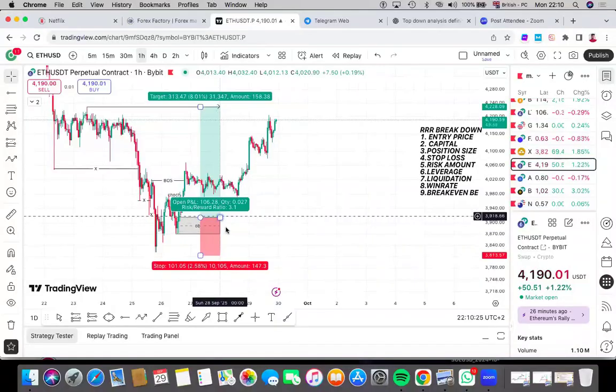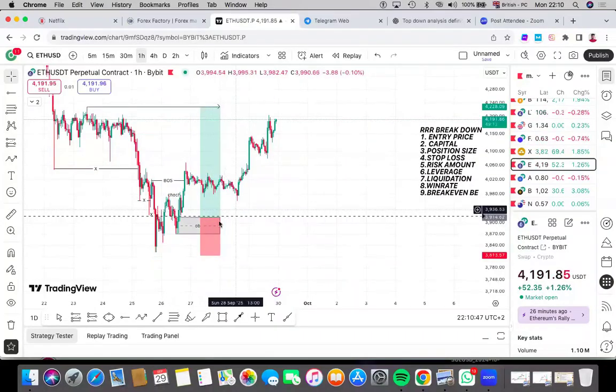So why do I say 1:3? Technical breakdown: if I click on the green side here, where I have my mouse, you can see what is written here, our risk to reward ratio, which is 3.1. And this is a practical example of a 1:3 reward ratio.